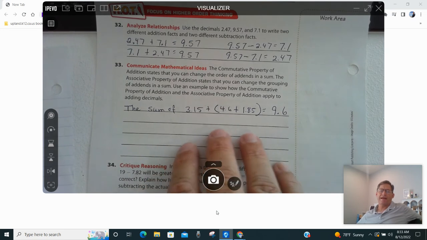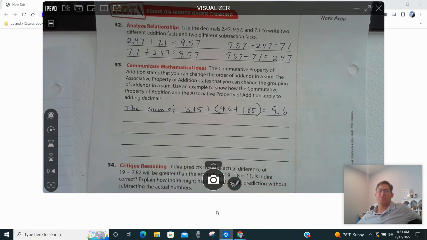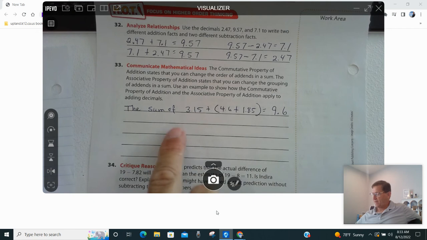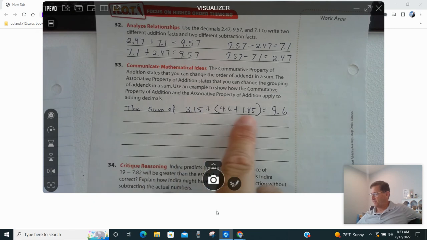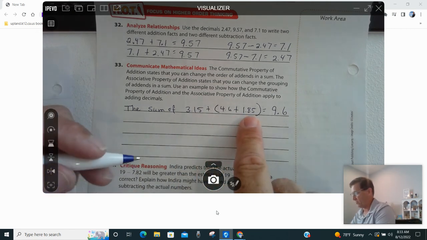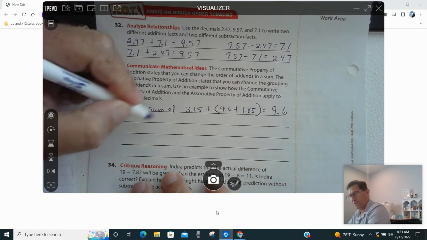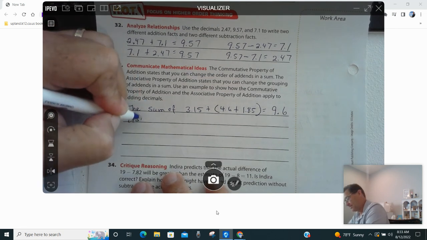All right, and we want to rewrite that using the commutative property. Well, the commutative property says that the order of the addends doesn't matter. Well, when I look at 3 and 15 hundredths and 4 and 6 tenths plus 1 and 85 hundredths, we could just rewrite that.